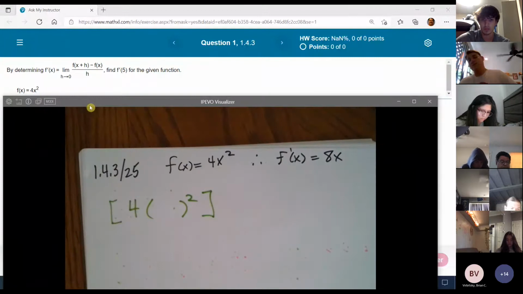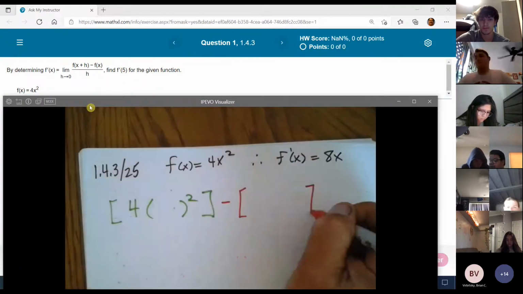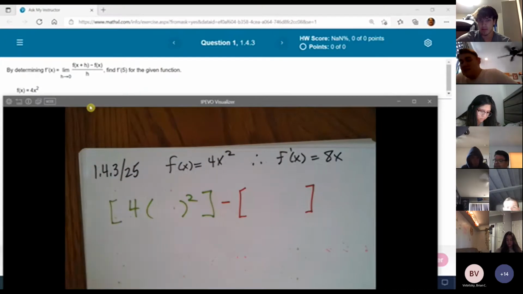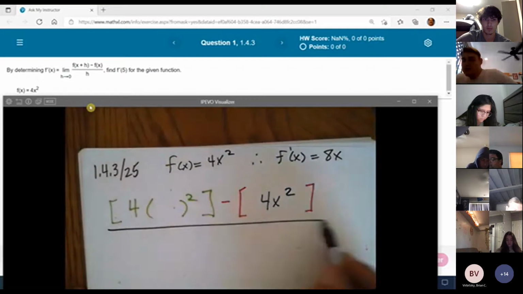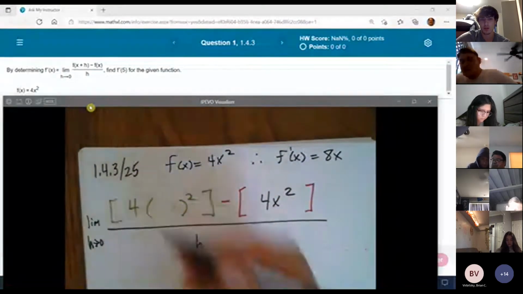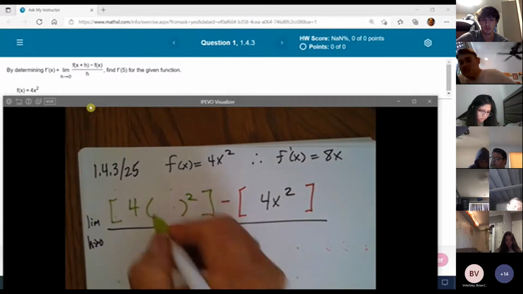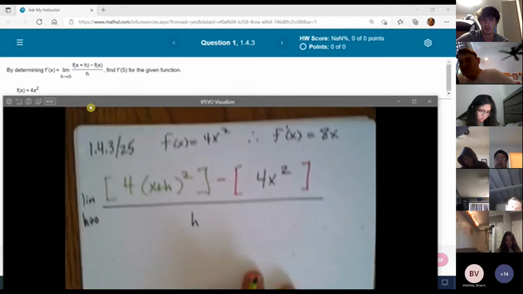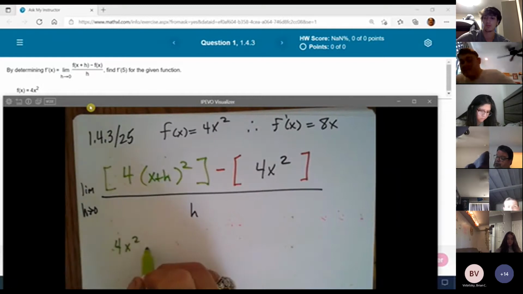And I'm going to write a big set of parentheses, 4 parentheses squared minus 4x squared over h, limit as h approaches 0. Plug x plus h in there. And that's going to give us 4x squared plus 4xh.